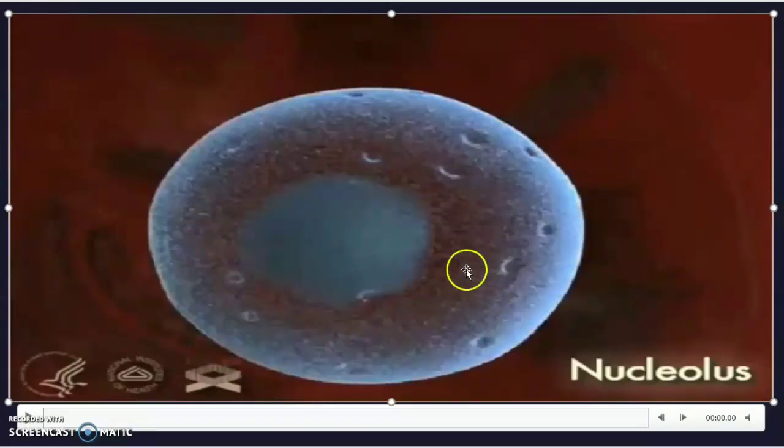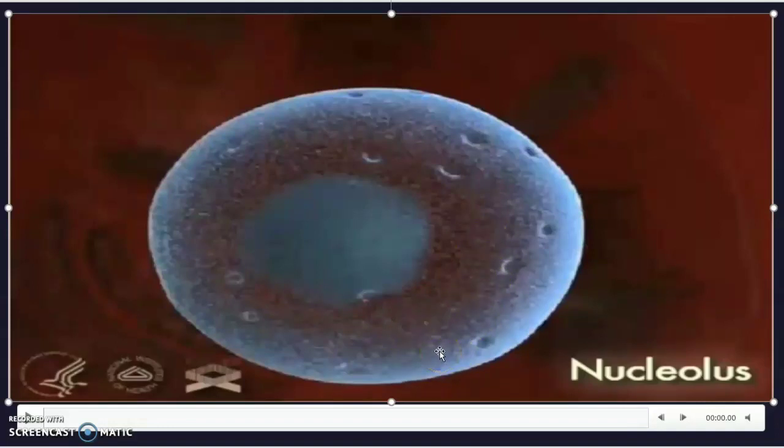Inside the nucleus there will be genetic material. This is the nuclear membrane. The pores are nuclear pores. This is the nucleolus. Inside the nucleus there is a fluid present.